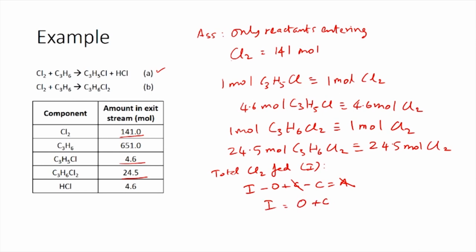So, the consumption terms are 24.5 and 4.6 and your output is 141. 141 plus 4.6 plus 24.5 would be the input, giving you a value for the input as 170.1 moles. So, this is the number of moles of chlorine which is entering into the system.